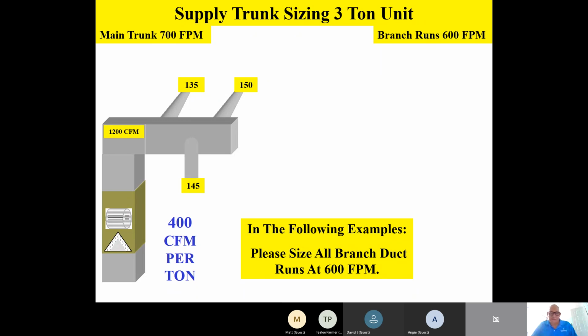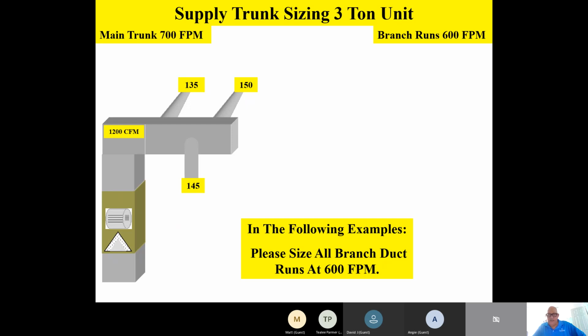So in our example here, we've taken off 135 CFM into one space, 150 CFM into another space, and 145 CFM into another space. So these 3 takeoffs are going to be 7-inch duct. You could get by with a 6-inch on the 135 CFM. But if I was installing this job, because I'm putting a damper on each takeoff anyway, I'd probably just use 7-inch duct on all of those takeoffs in this example.